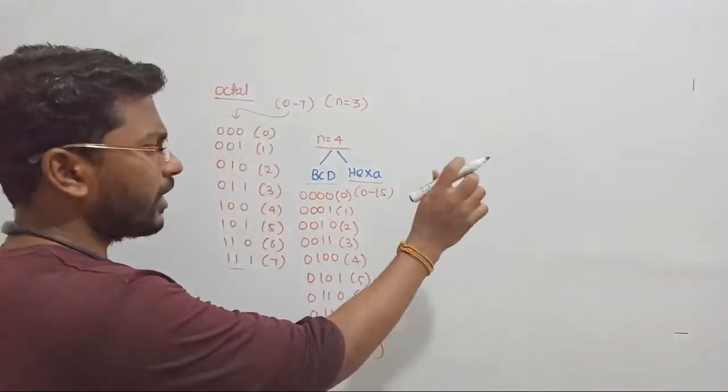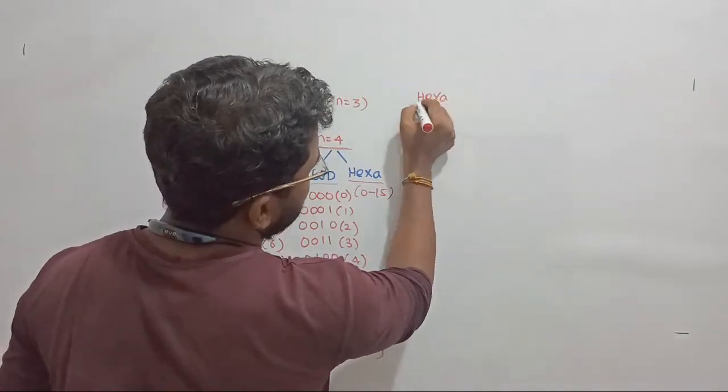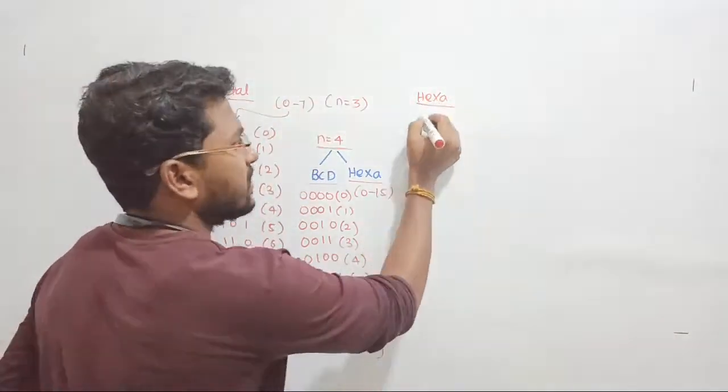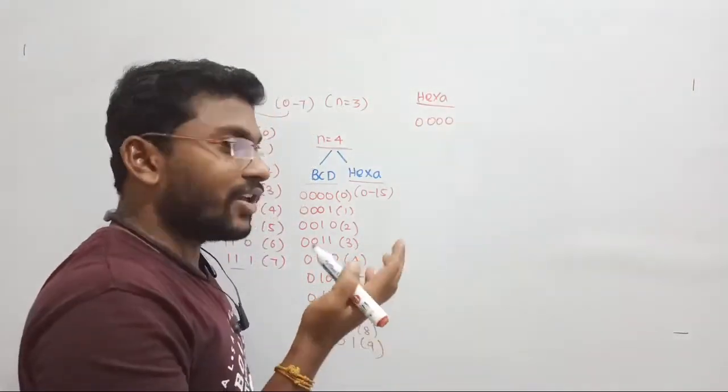When we are looking for the hexadecimal system, let us start from the beginning. First, for each and every one, I can give 4 bits.